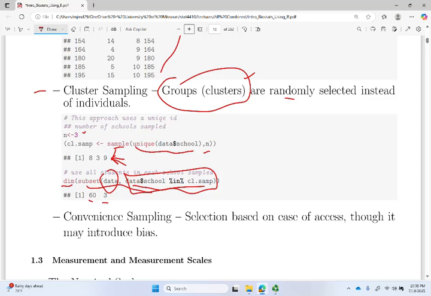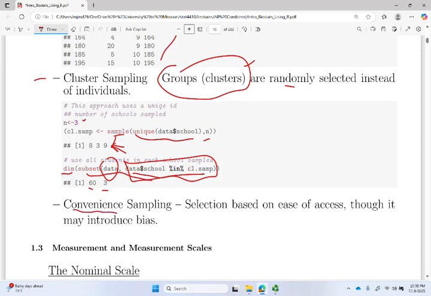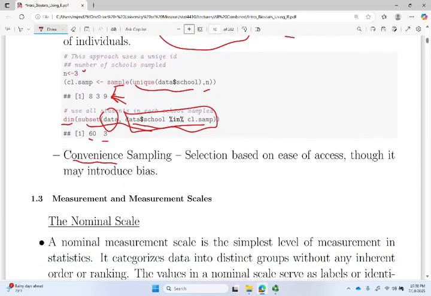3 variables. Now, convenience sampling. Now, you might think, would we ever use convenience sampling? I would say if you're in clinical trials research, this is probably going to be the most used sampling method.